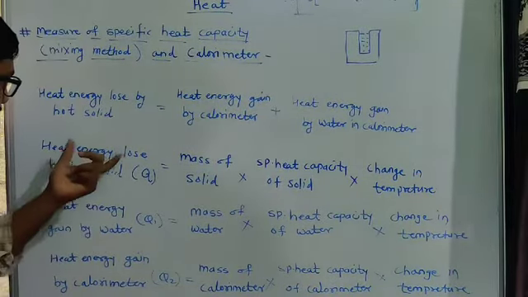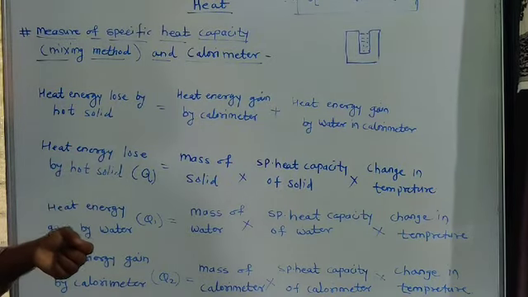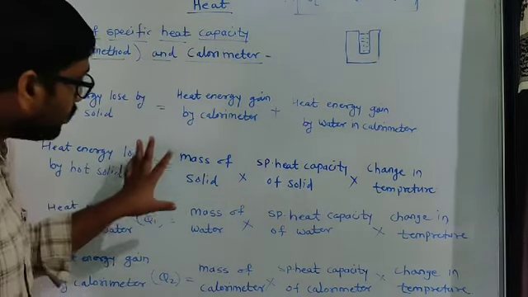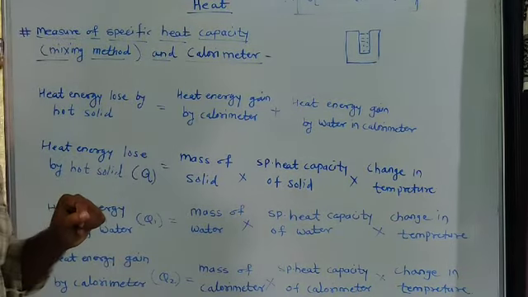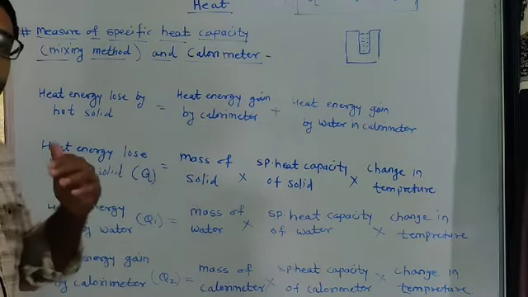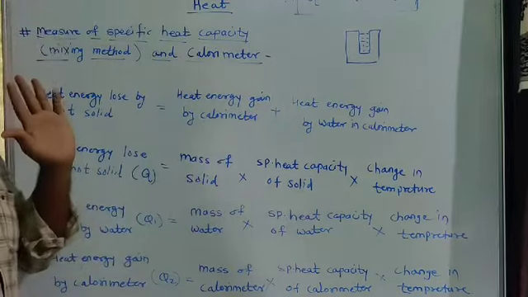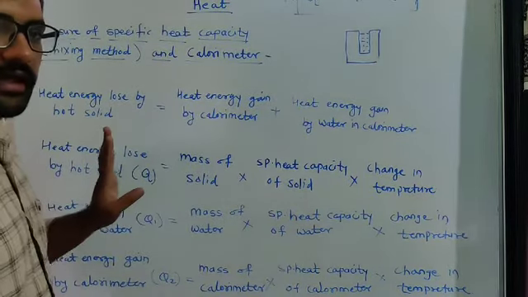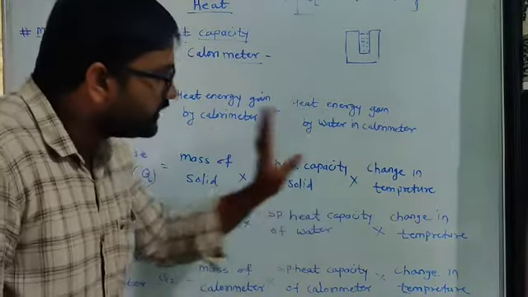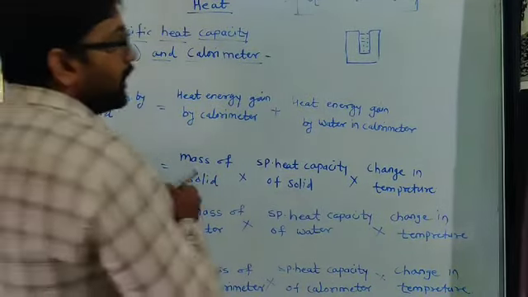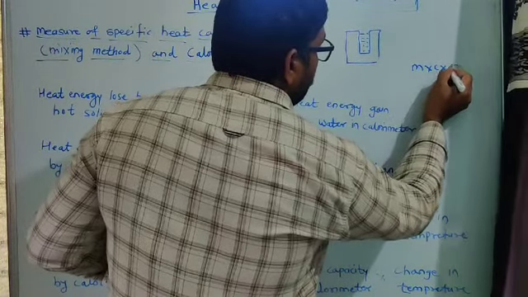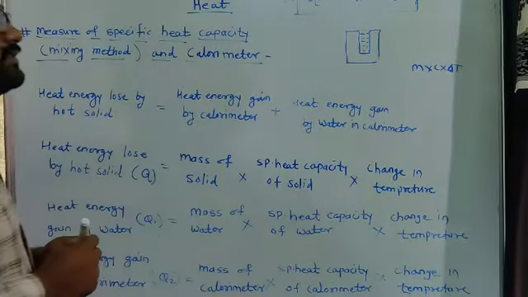Now, first of all, the heat energy lost by the solid object we call Q, capital Q. This formula we studied in yesterday's lecture. We know the heat energy lost by any object when its temperature changes is given by the mass of that solid times the specific heat capacity of that solid times the change in temperature. So this formula, m into c into delta T, we already studied yesterday.